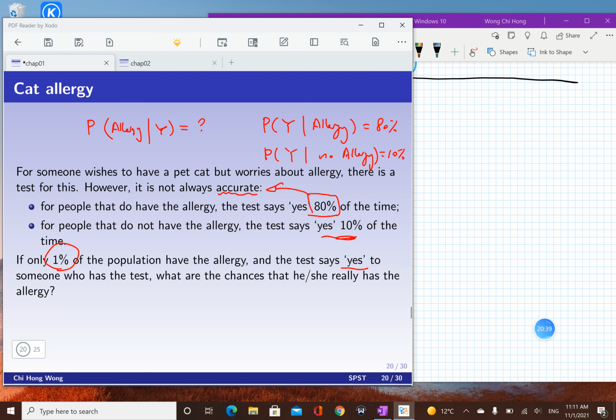So what do we do? And this 1% here is what we call the probability of people getting the allergy after all. What does that mean to us?